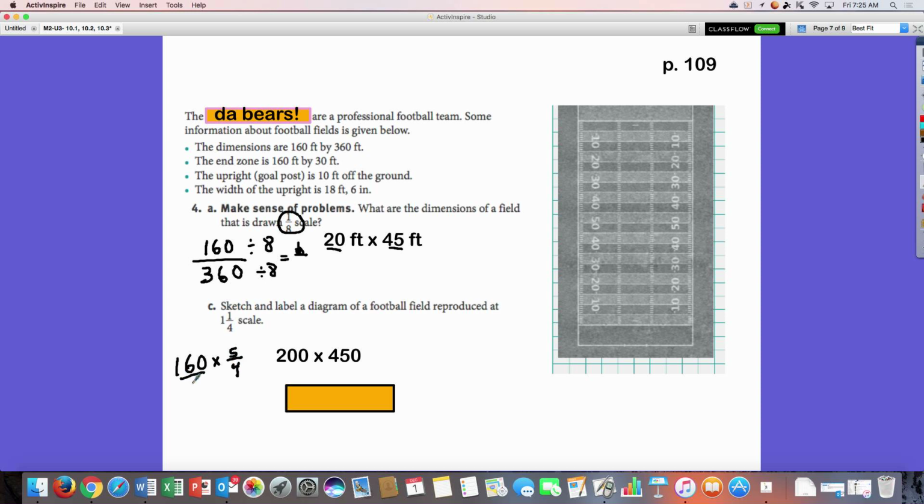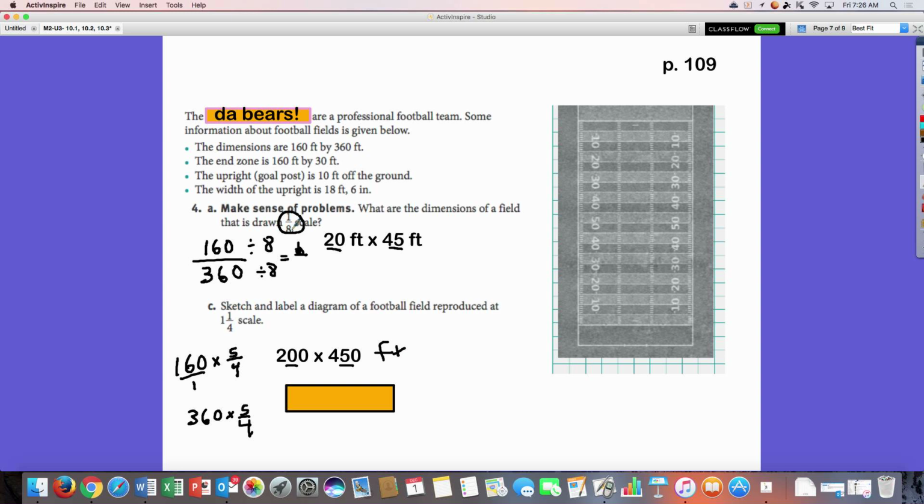Remember, we just put the number over 1, cross multiply and divide, or multiply across and then divide. And then I took the other amount, 360, did the same thing, multiplied that by 5/4. And that is how I got 200 by 450. And of course, I'll put feet on there because we always label story problems.